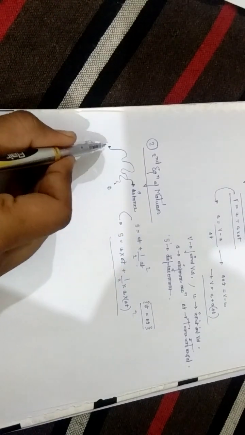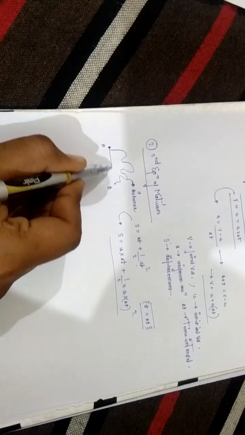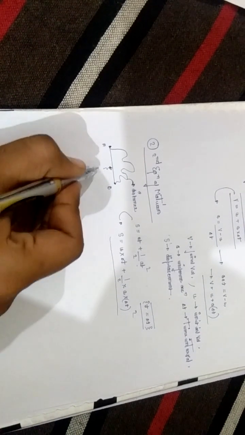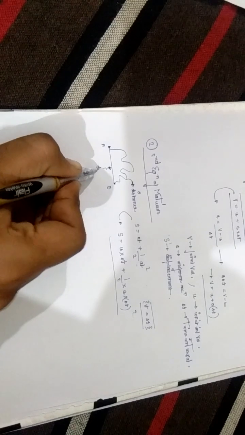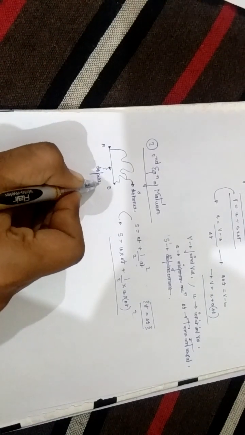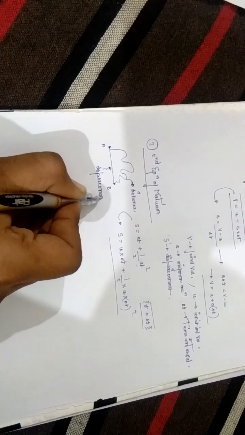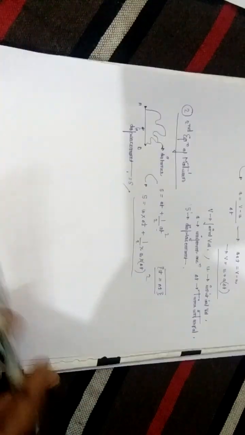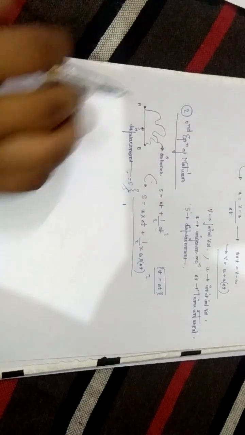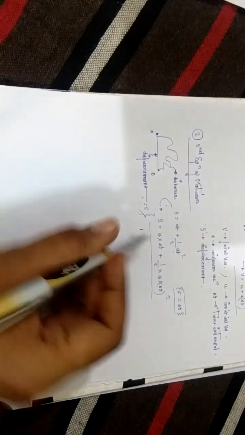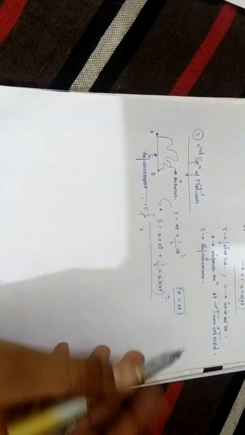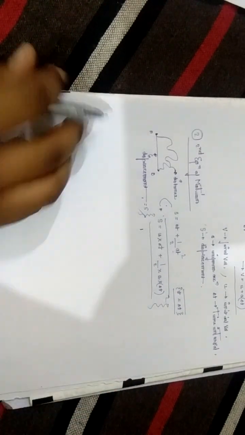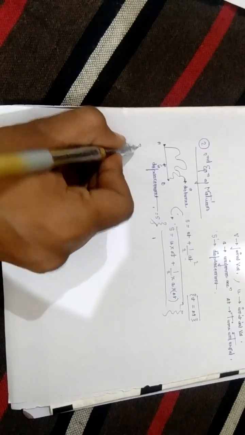And the shortest path between A and B, the shortest distance between A and B, is referred to as displacement. So we consider it as s. I think the second equation is clear. Let me put it in a bracket. So let's come to the third equation.